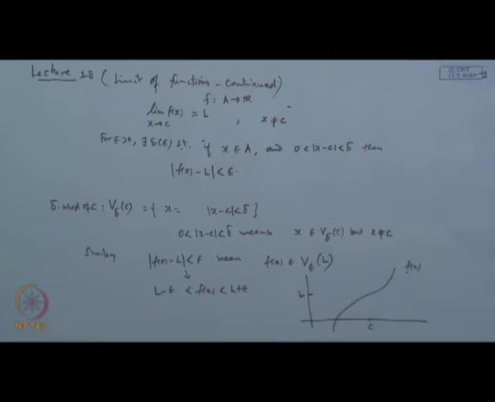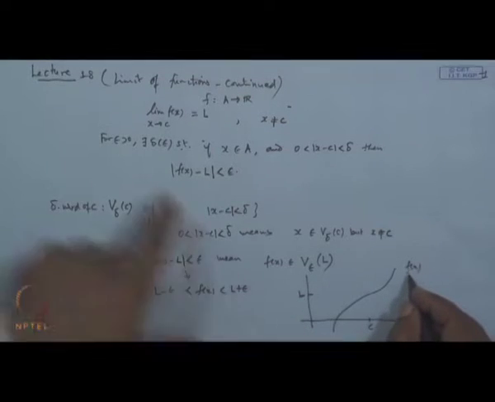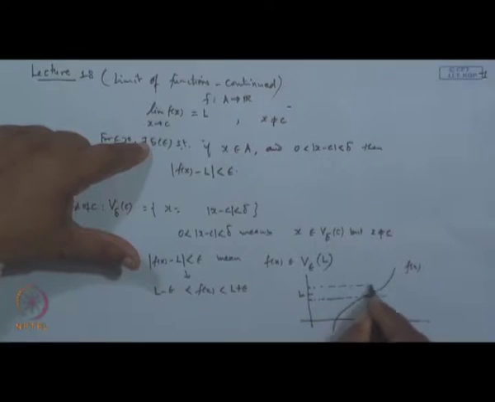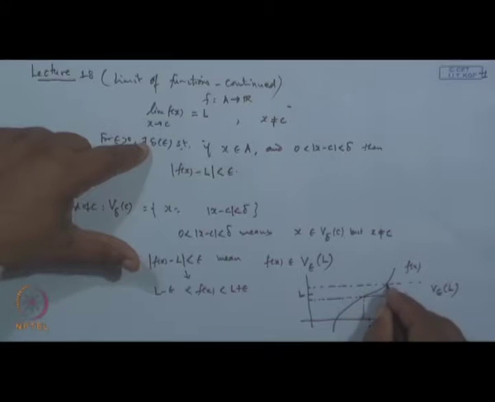So, what it says is that the limit of the function f(x) as x tends to c means, for a given epsilon greater than 0, if I consider a neighborhood V_epsilon(L), that is the epsilon neighborhood of L, then corresponding to this neighborhood we can find a delta neighborhood of c, (c - delta, c + delta), where c may not be included in it.